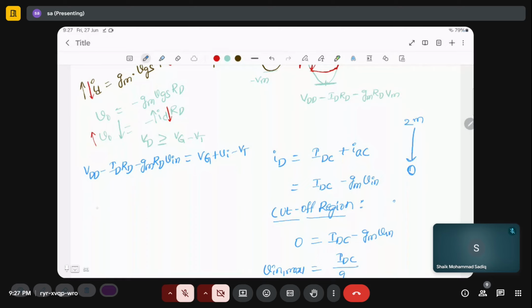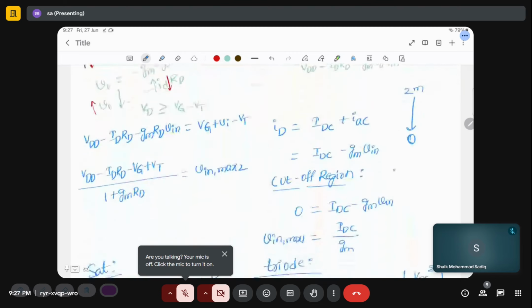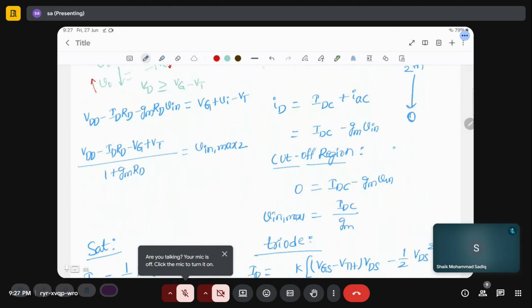If you simplify this, you will get Vin max on the other side.